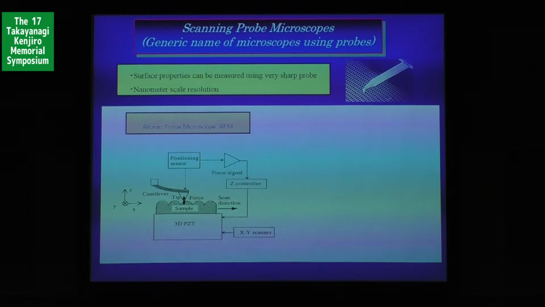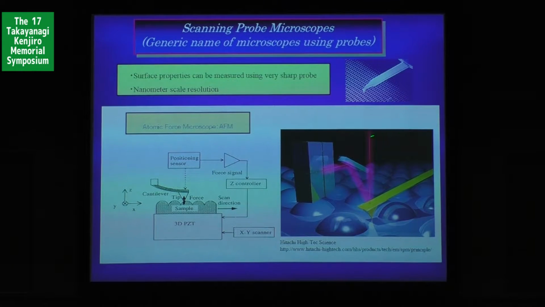The most popular technique is the atomic force microscope. The cantilever length is 100 micrometers, the tip height is 4 micrometers, and the apex is several tens of nanometers. So you can easily imagine that it is very small.